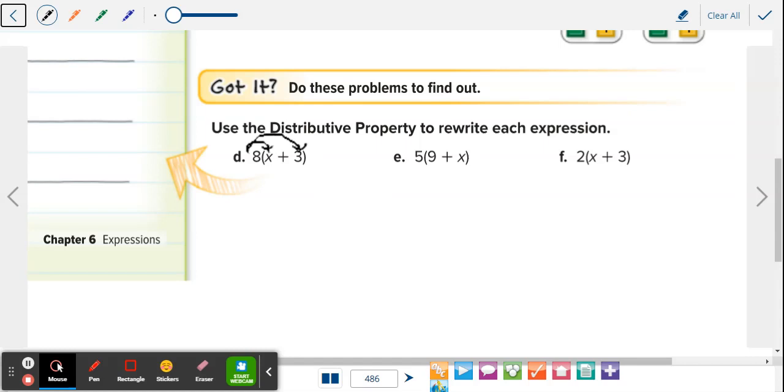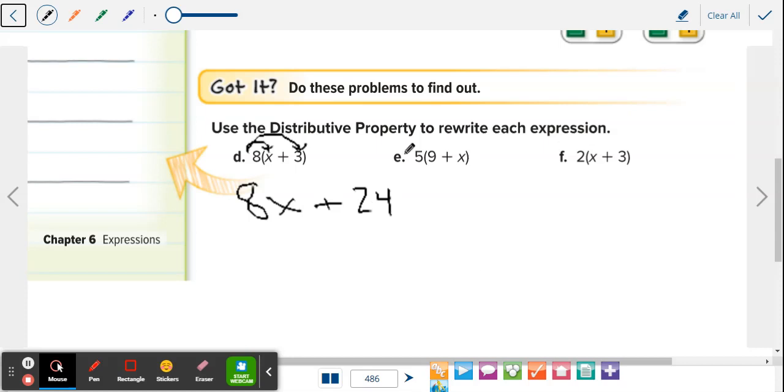We do 8 times x, which is 8x. Keep the addition sign. And then what do we do now? We do 8 times 3 and we get 24. 8x plus 24. That's it. You're done. You solved it as far as it can go because we don't know what x equals.